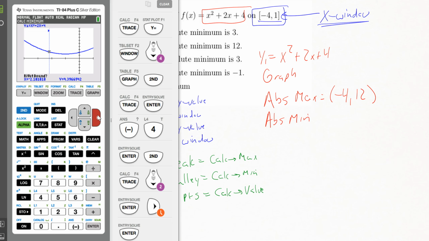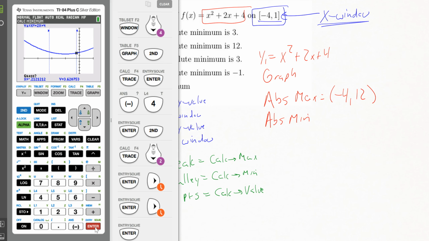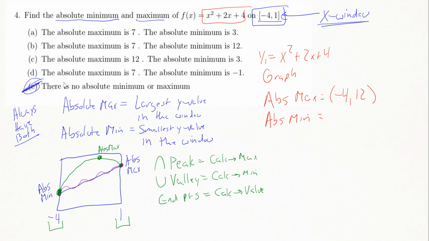Then it's going to want a right bound, some point to the right of where you think the minimum is. So just scroll so you're for sure to the right of where the minimum is and hit enter. Then for guess, we don't care, go ahead and hit enter. And what you can see is we're getting an x value equal to -1 and a y value equal to 3. So our absolute minimum is happening at -1, 3.